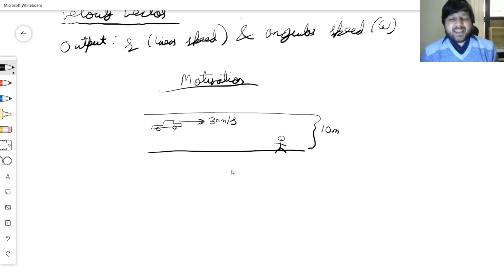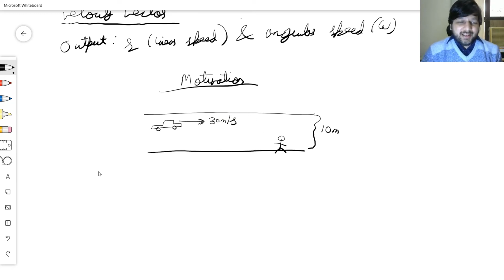So if I need to cross this road, I virtually have two options. The first option is that I move such that I cross this road much before this vehicle. And the other option is that I wait for this vehicle to pass by.